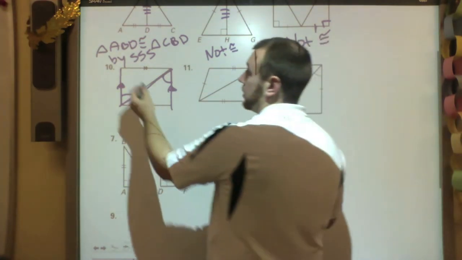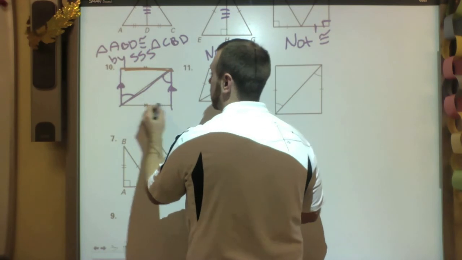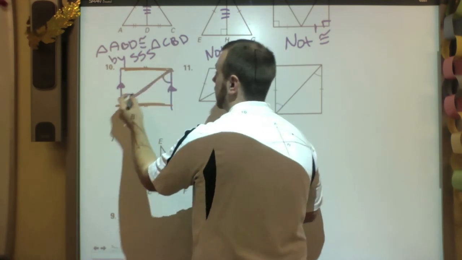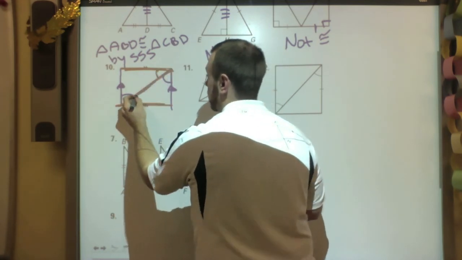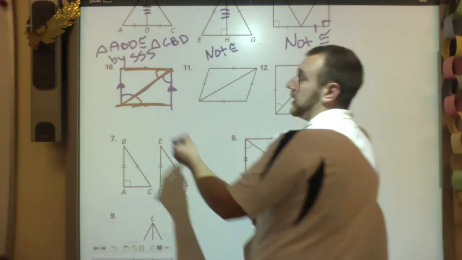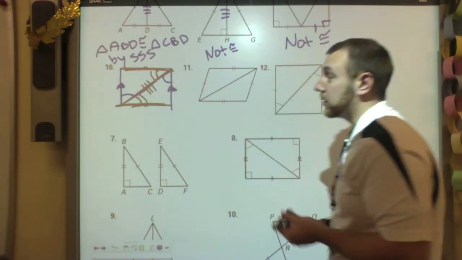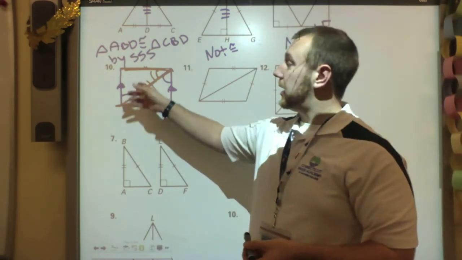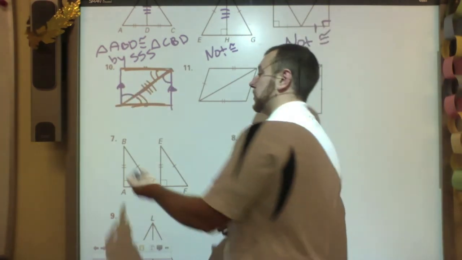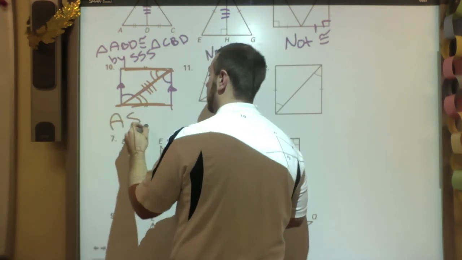I can also use these parallel lines in this to mark these angles. So then I can mark the shared side with 3. And you notice that now in this triangle and in this triangle, I have angle, side, angle.